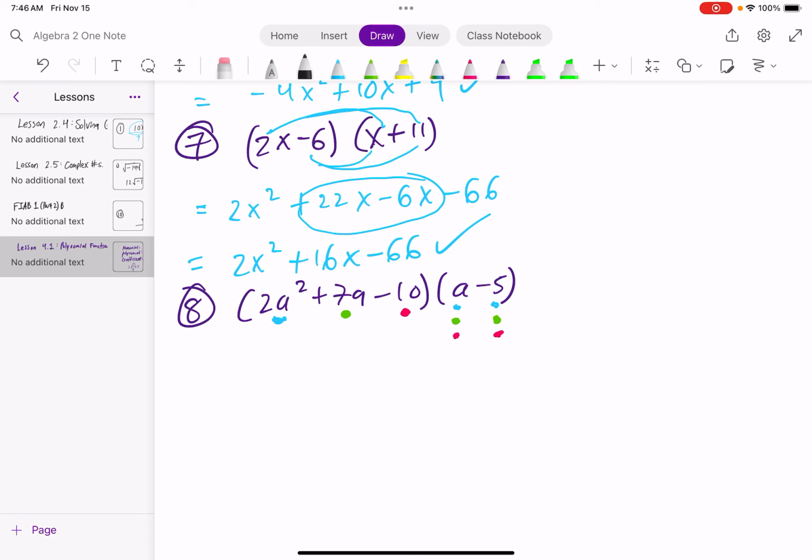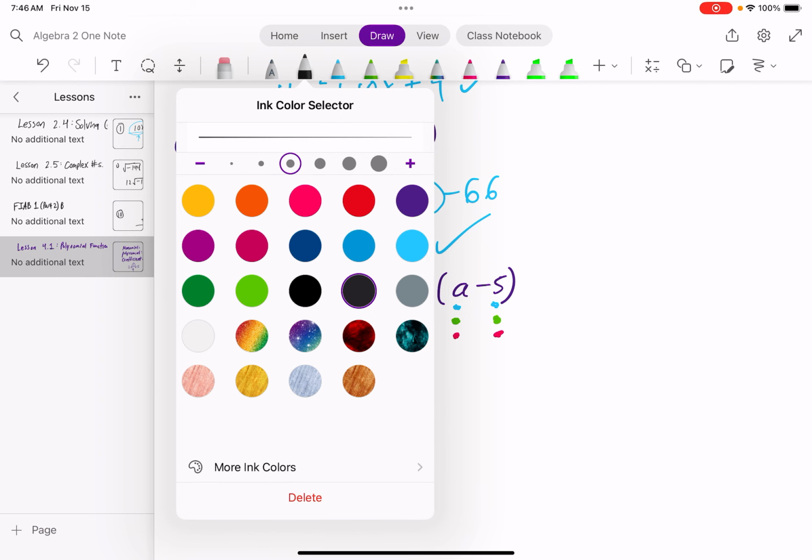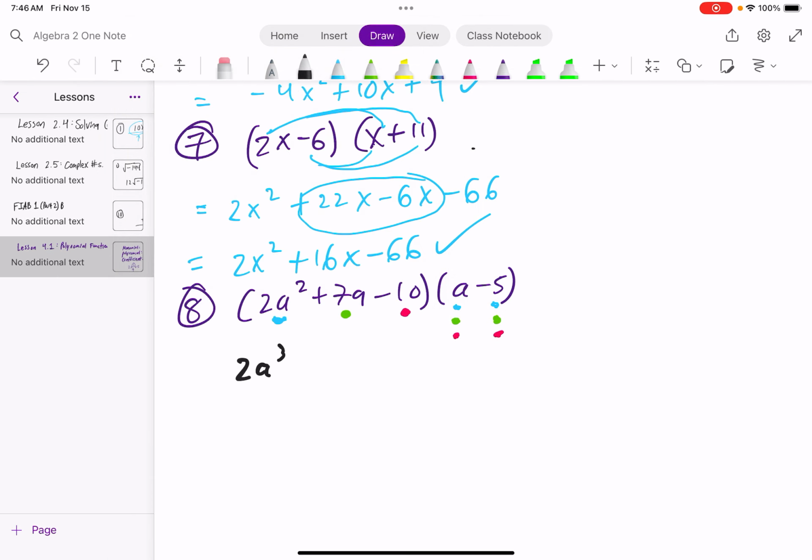So let me just lead you through this one. Let's say this is 2a cubed, right? Because that's 2a squared times a, and then 2a squared times negative 5 is minus 10a squared, right?